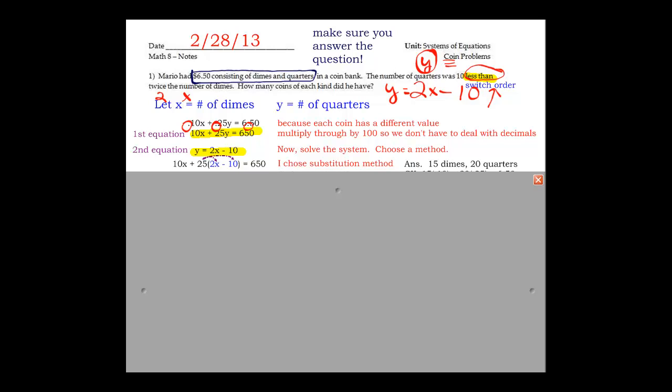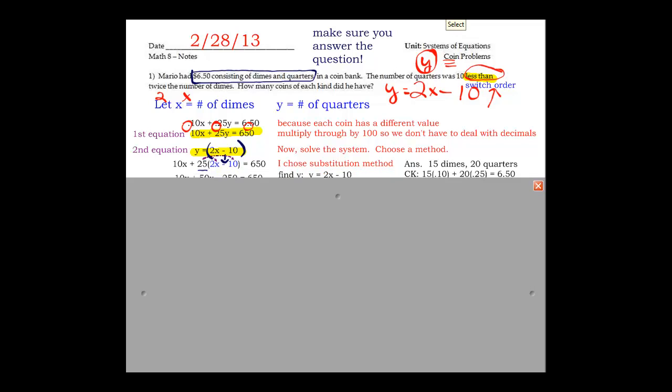We're going to take what y equals here and substitute it in where we see the y in the second equation. Then we have a coefficient before 2x minus 10, so we have to make sure we put the two-termed expression in parentheses.